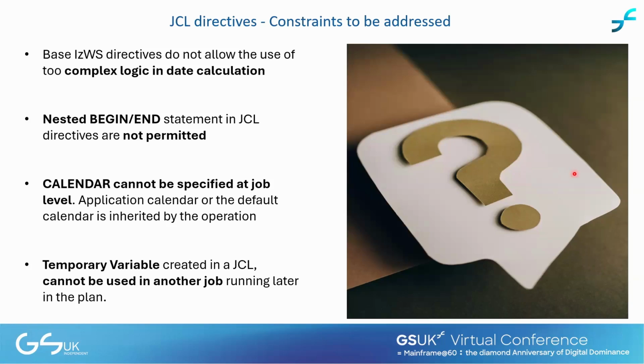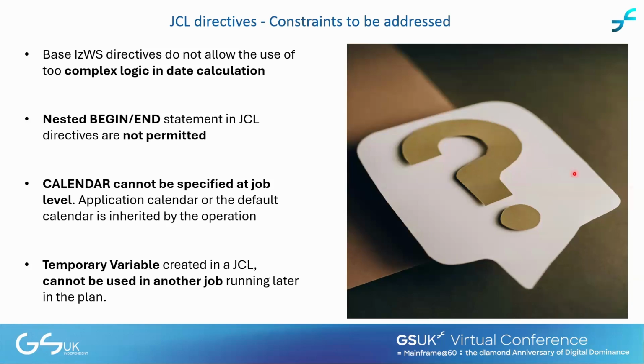This will be difficult to do with the standard JCL directives. Another limitation is that the BEGIN and END statements cannot be nested. And also, you cannot perform a FETCH within another FETCH directive. This is another big constraint.